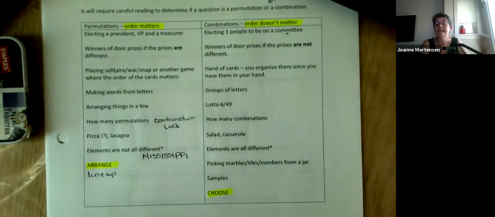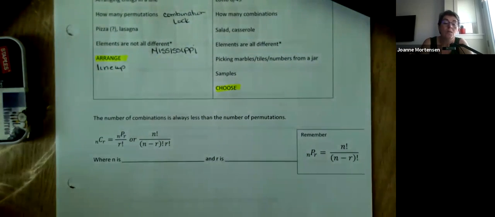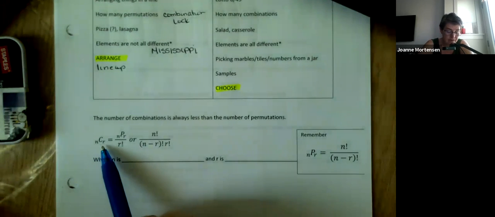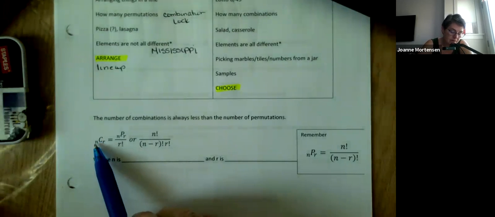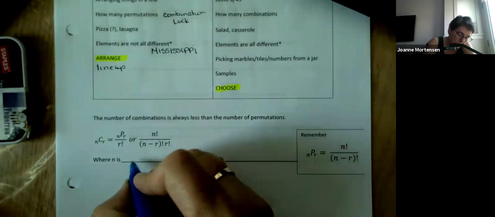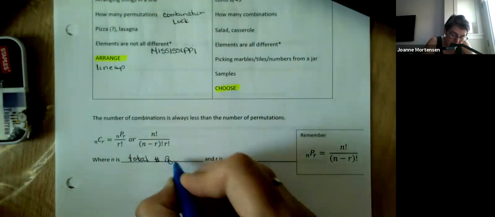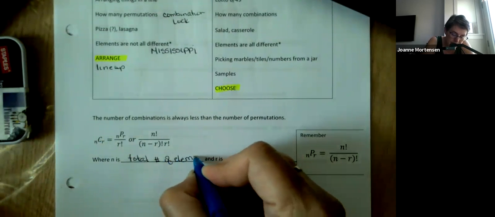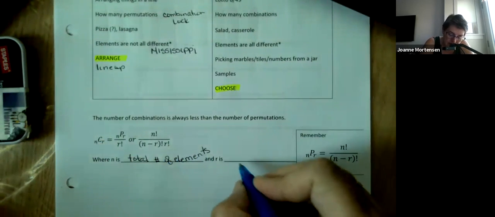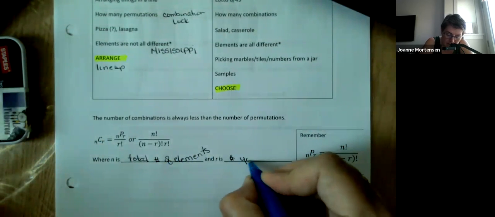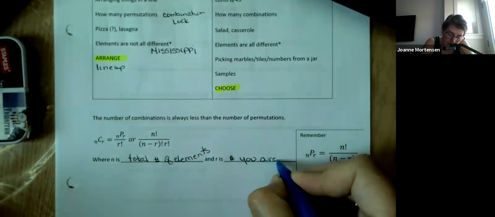All right, and as an added bonus, let's take a look at the very bottom. We have a formula. Your combination is always going to be less than your permutation number. Here we go: nCr, where n is the total number of elements and r is the number you are picking.